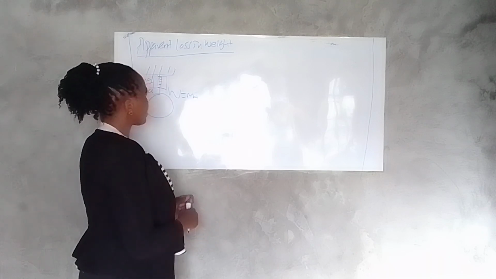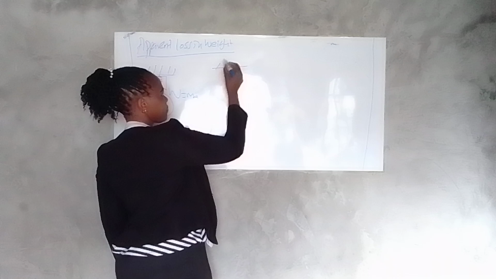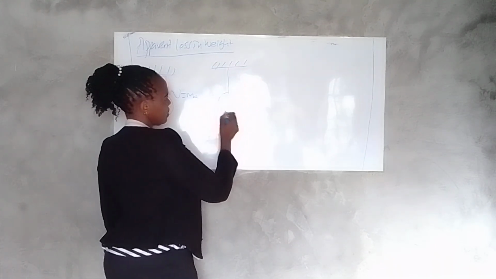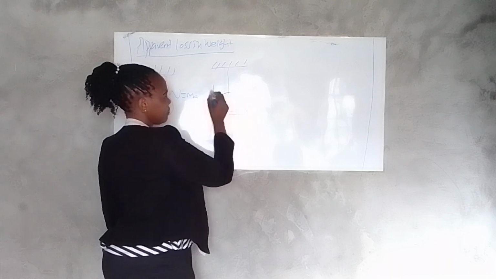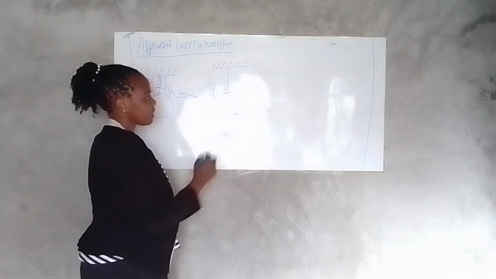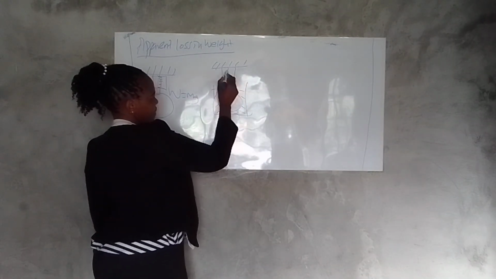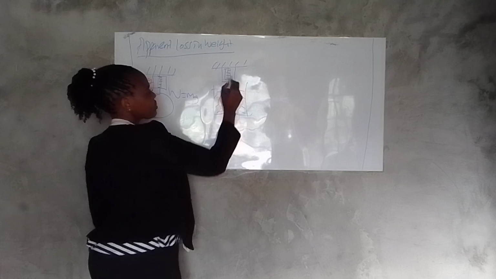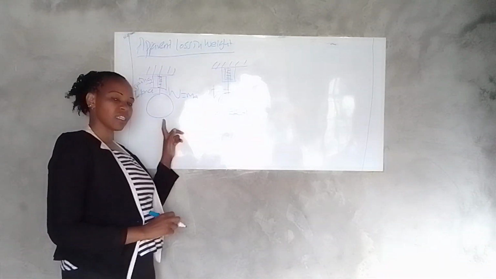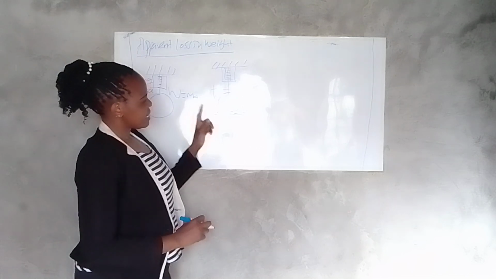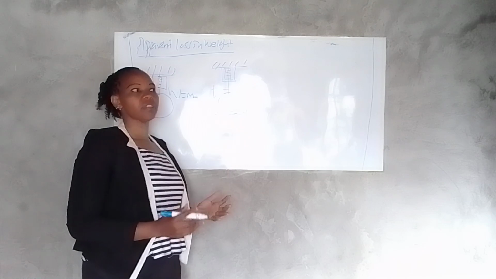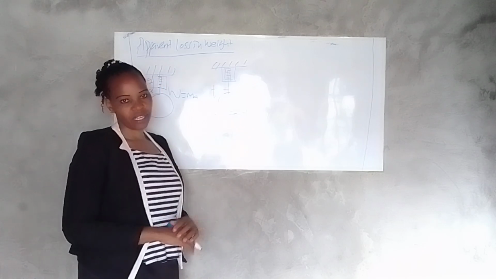Now, if I take the same object, and this time I immerse it completely in a liquid, my spring balance will not read the same thing, because the upthrust this object experiences in air is different from the upthrust the same object will experience in a liquid, because a liquid has a larger upthrust.